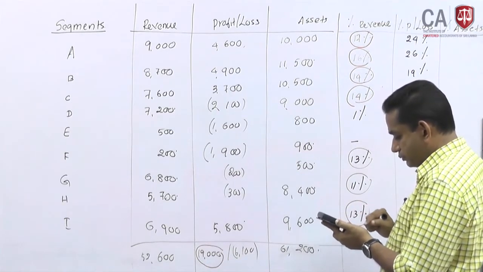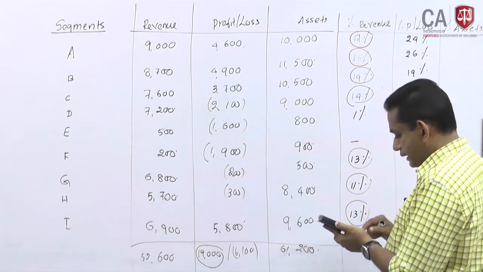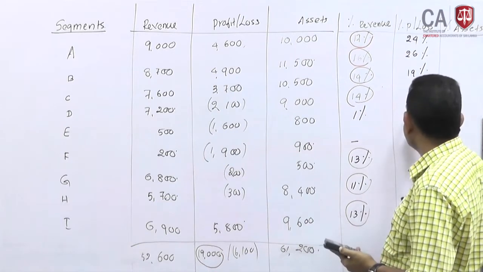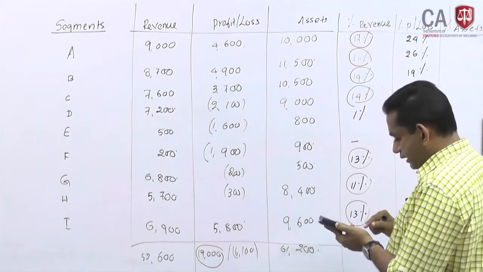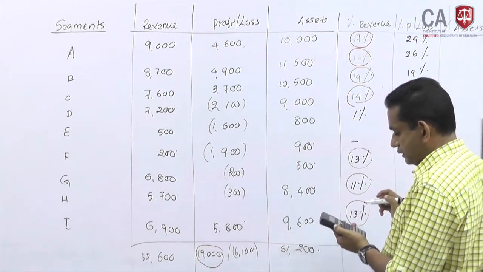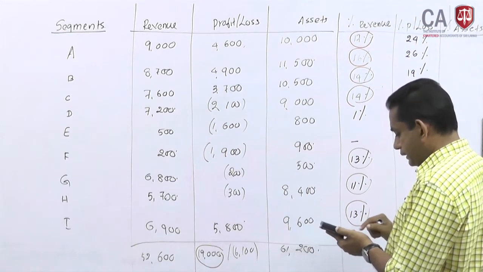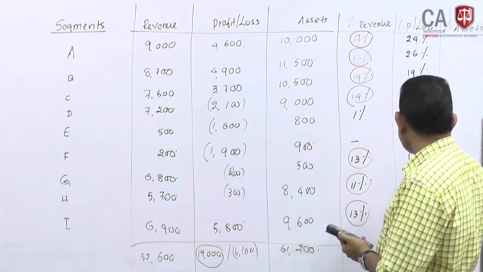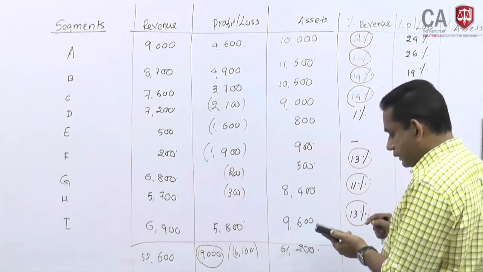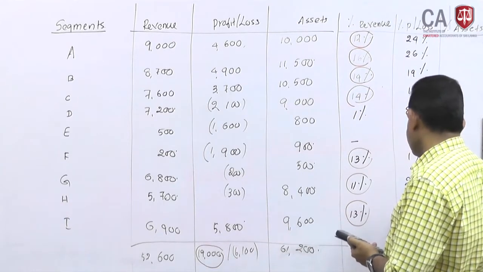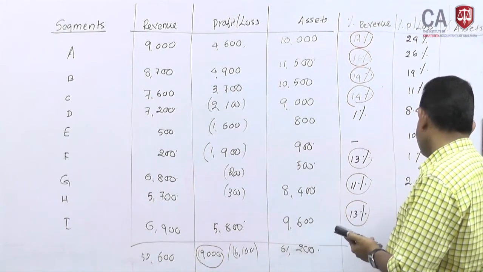2,100 divided by 19,000 into 100, so that is 11%. 1,600 divided by 19,000 into 100, it is 8.4%. 1,900 divided by 19,000 into 100, this is 10%. 200 divided by 19,000 into 100, just 1%. 300 divided by 19,000 into 100, this is 1.5, will round it off to 2%. 5,008 divided by 19,000 into 100, that is 31%.